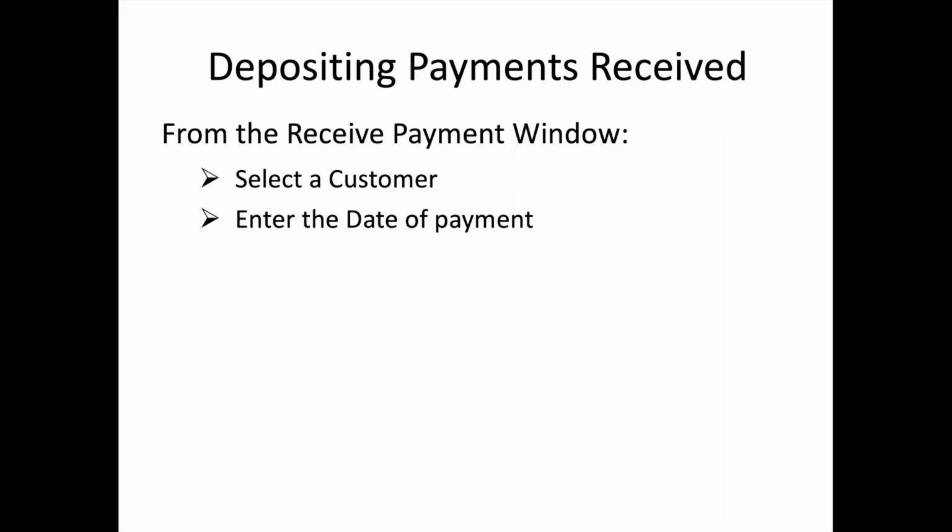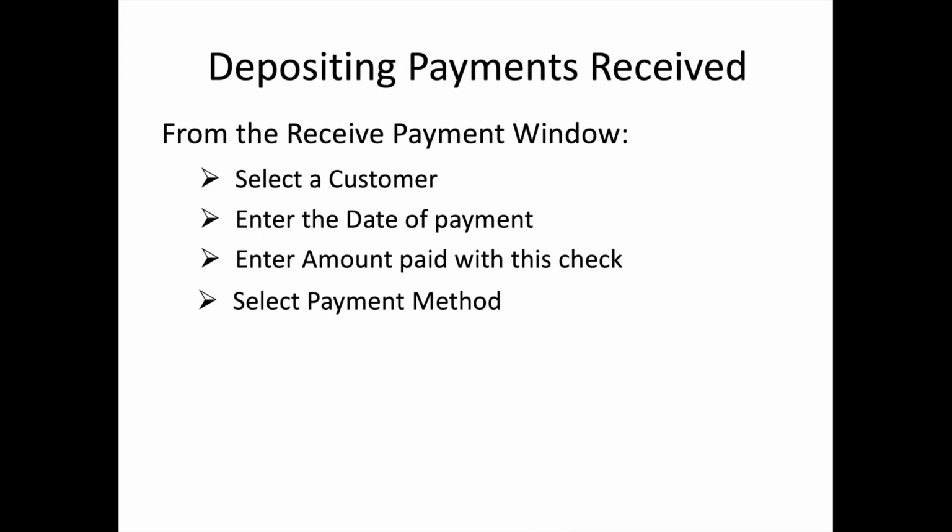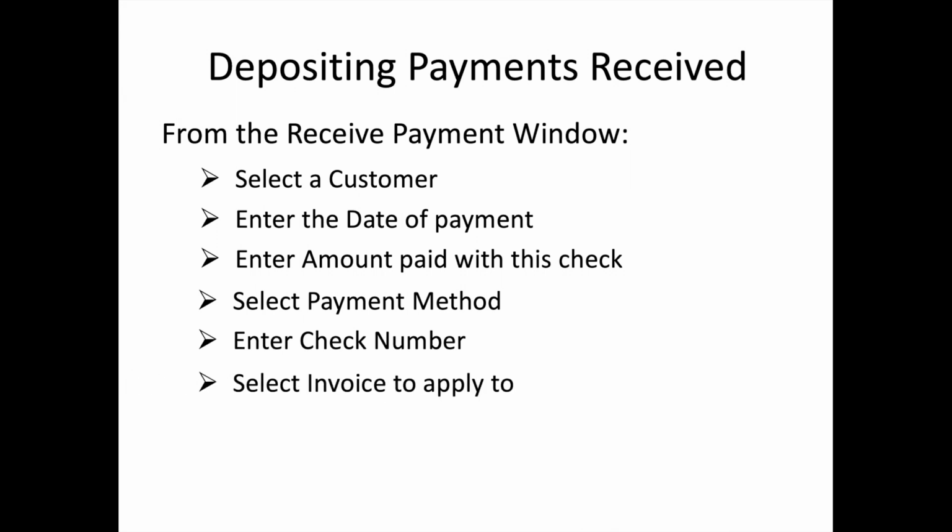Once you are in the Receive Payments window, select the customer who is paying you, enter the date of the payment, enter the amount of the payment received, enter the payment method, like check or credit card, enter the check number if they paid you via check, select the correct invoice to apply the payment to, select to which account you would like to make the deposit, click Save.